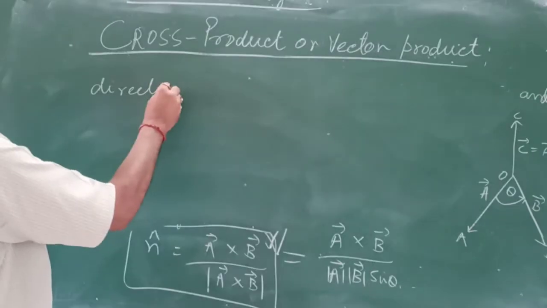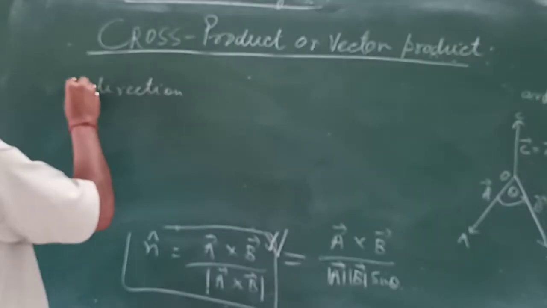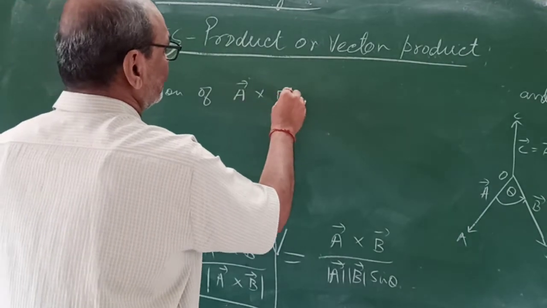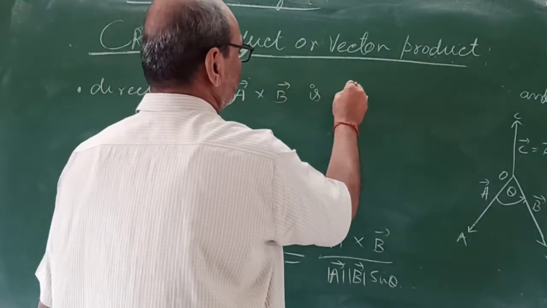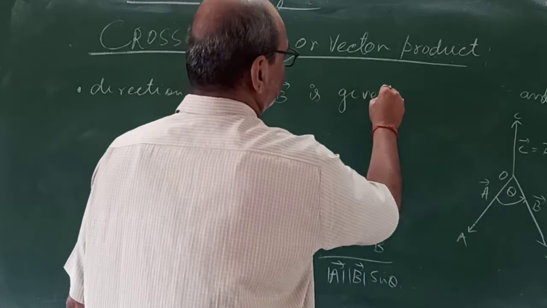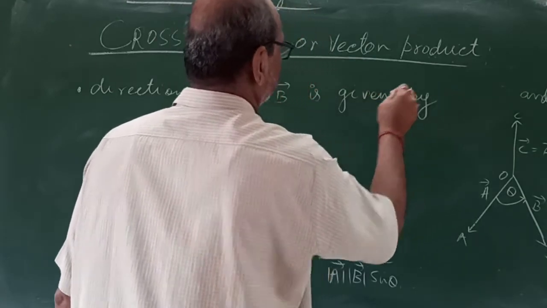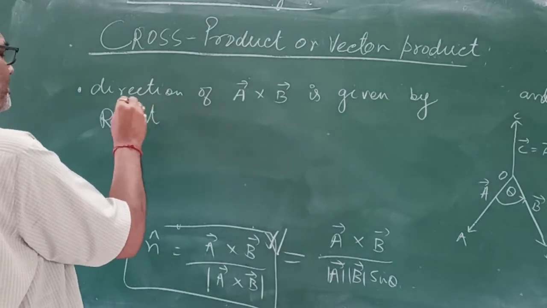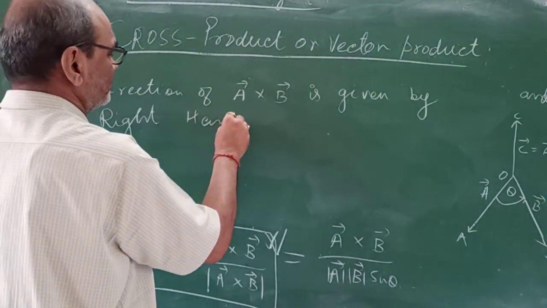Important point, the direction of A cross B is given by the right hand screw rule.